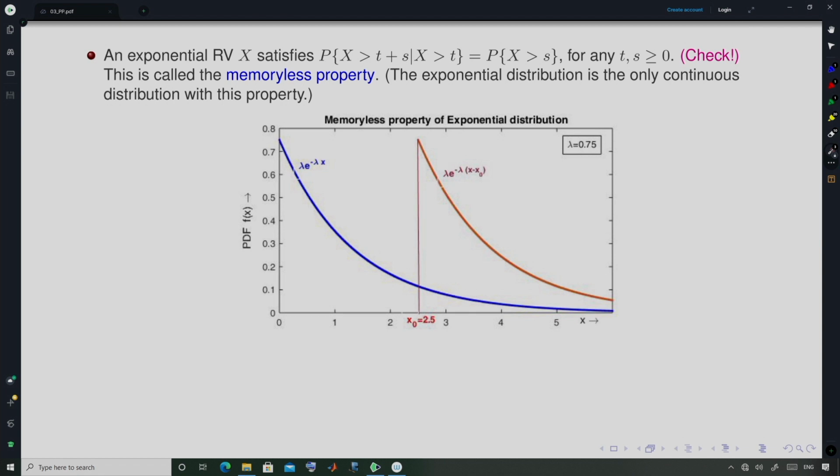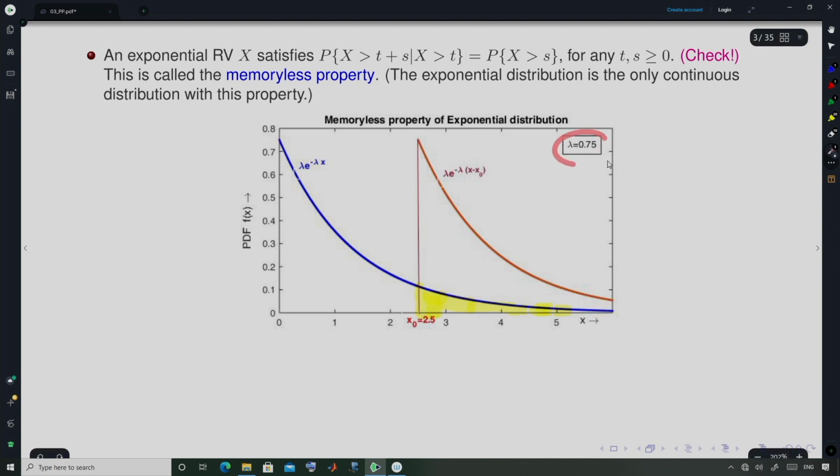Now, to appreciate this memoryless property a bit more, let us look at this figure that we have here. Let me highlight this portion alone. Of course, all exponential distributions will have a pattern of this form when you draw the PDF of an exponential distribution with parameter lambda.